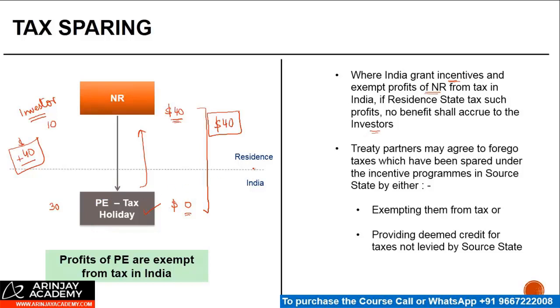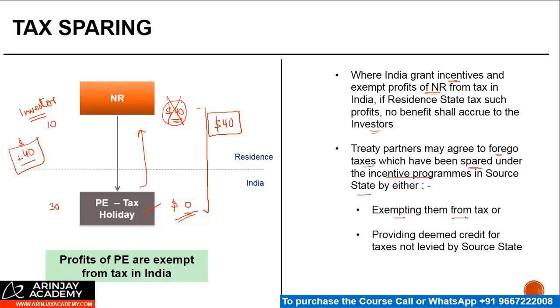In such a case, some of the treaty countries may agree that if India grants an incentive to the non-resident and does not tax the profit of the non-resident in India, then the treaty partners may agree to forego the taxes which have been spared under the incentive program in the source state. So instead of taxing these profits, they also spare them from taxes. And how?